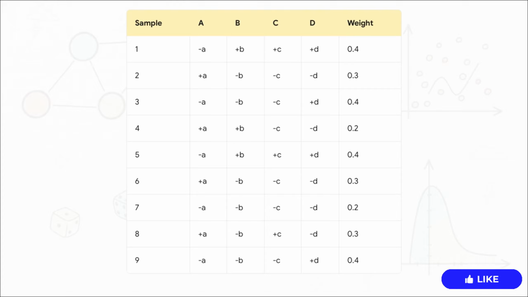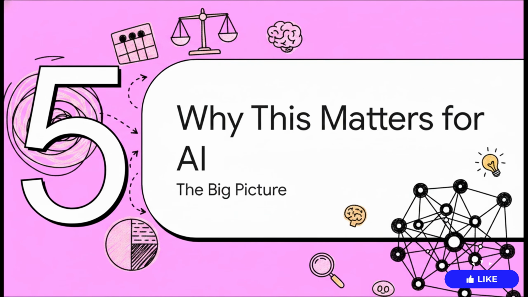Now within that group, we find the ones that also have B as minus B. We find those 4 rows and we add up their weights. That's 0.3 plus 0.3 plus 0.2 plus 0.3, which comes out to 1.1. So our answer, it's simply 1.1 divided by 1.3. So there you have it. We've gone all the way from just counting on our fingers to figuring out weighted conditional probabilities.